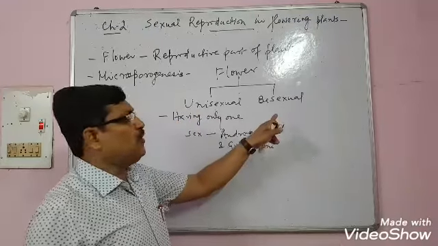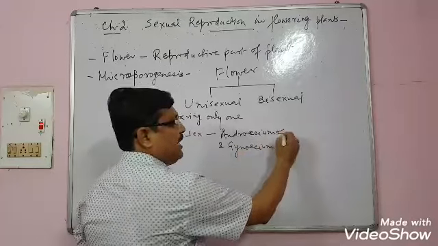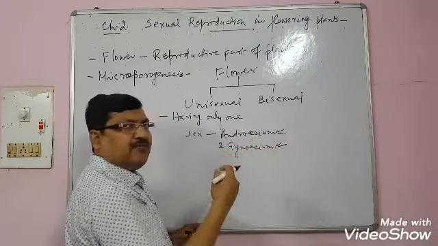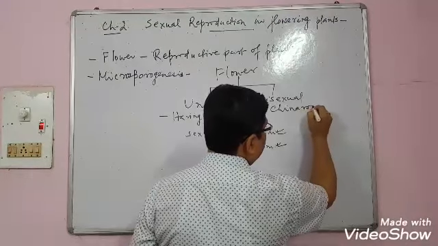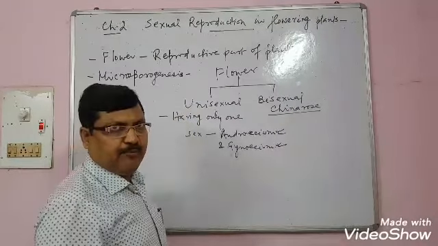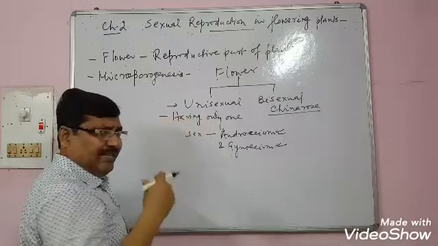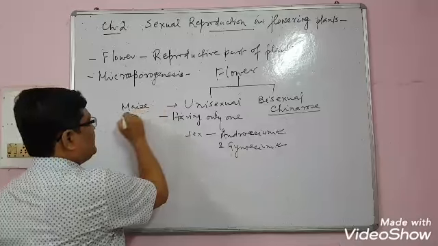While in a bisexual flower, both sexes are present, both androecium as well as gynoecium. Let's take an example: China rose is a very popular example of bisexual flower, whereas examples of unisexual are maize, papaya, etc.